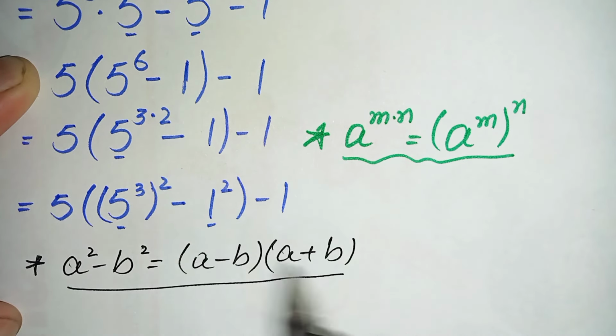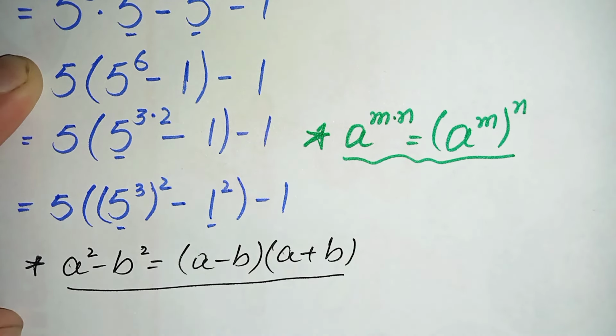So using this identity, this equation will become 5 times 5 raised to power 3 minus 1 times 5 raised to power 3 plus 1, minus 1.